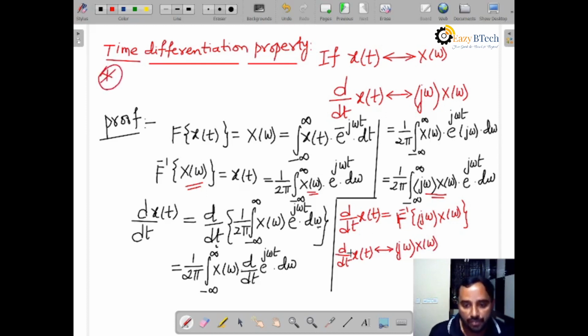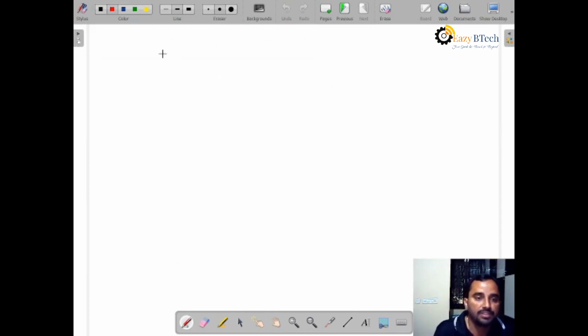For example, if you have the second time derivative of x of t, what happens? First I write again, d by dt of x of t, its Fourier transform is j omega into X of omega. I am just keeping brackets for j omega for clarity.